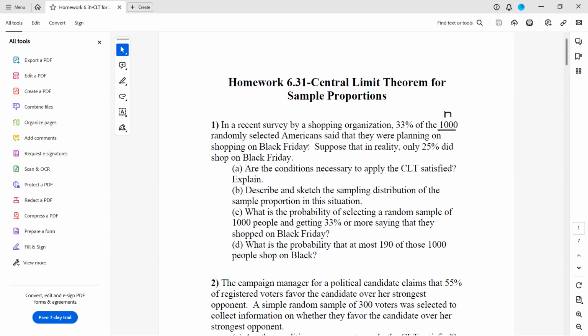Who am I surveying? I'm surveying Americans, and Americans who shop specifically on Black Friday, but I'm surveying Americans, okay? So I have 1,000 people in my sample here, right?